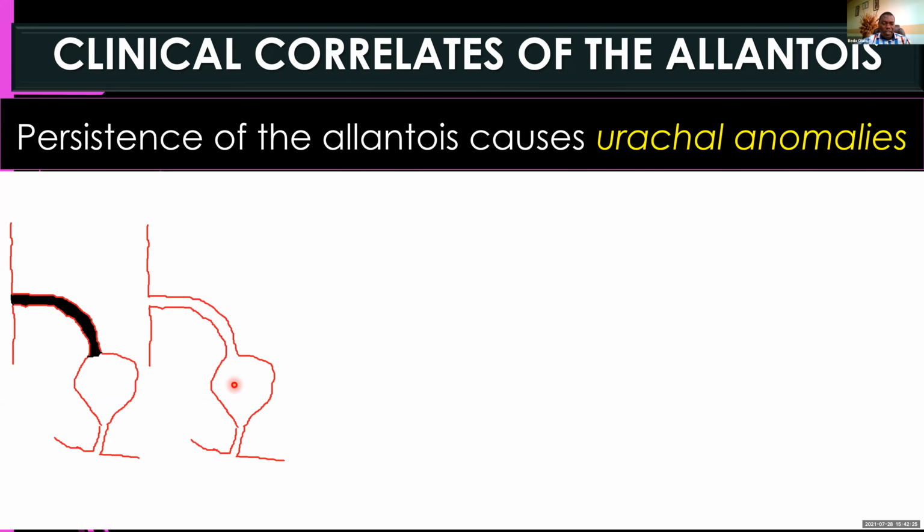So we call this malformation urachal fistula. A newborn with urachal fistula will be expected to be passing urine, leaking urine through the anterior abdominal wall, because urine comes here, then passes through that end to the anterior abdominal wall.